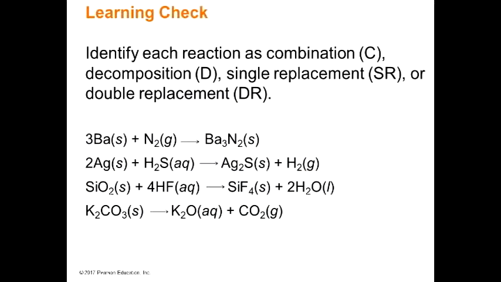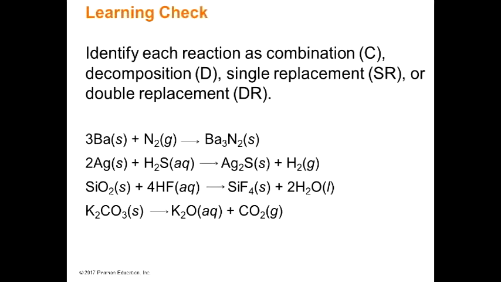All right. Here it shows you some examples. Let's see if we can do these. Ready? Anybody want to take a shot? It's balanced, by the way. What is this one? Combo. Yeah, combo. 2 going to 1. Right? All right, what about this one? Single, right? You have 1. All right.